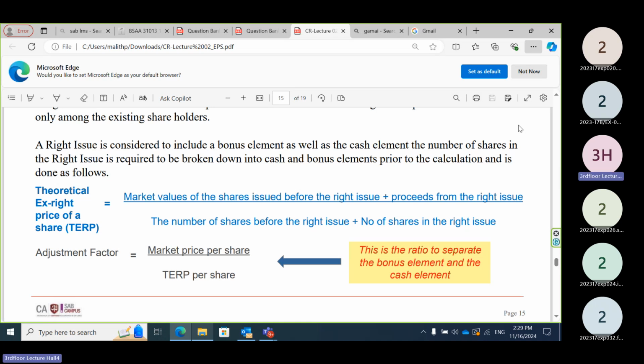So now we have these numbers. Right issue: how many shares? You right issued 100,000 shares. The cash inflow was for 71,000 shares, and the bonus element is 29,000.